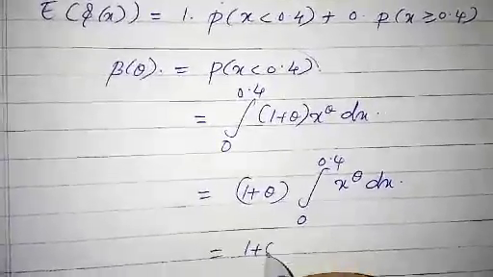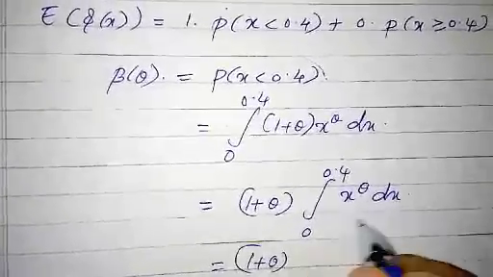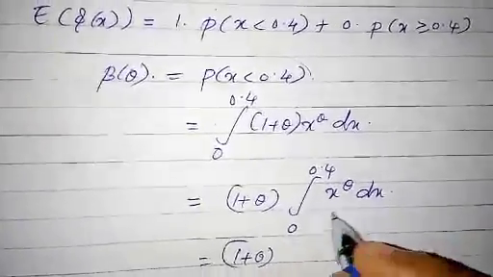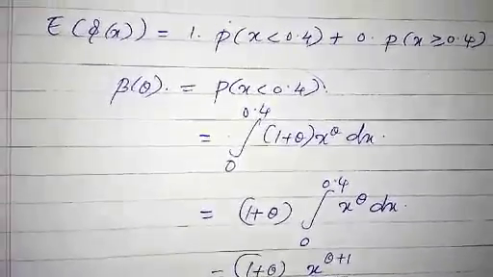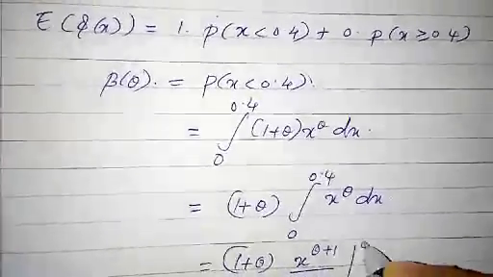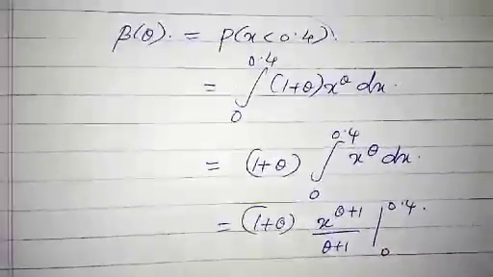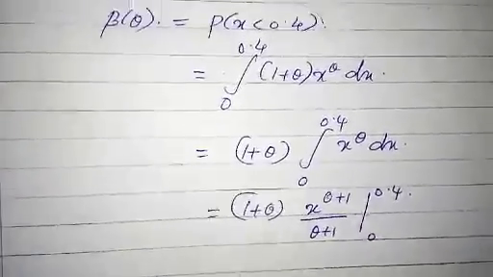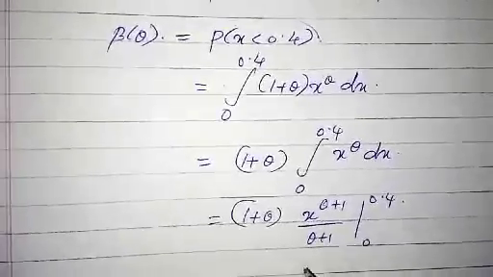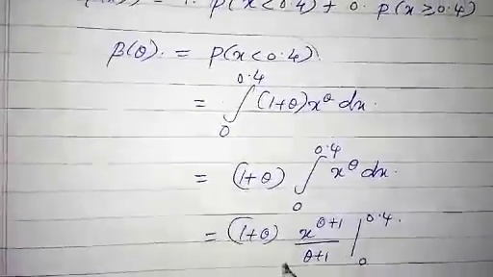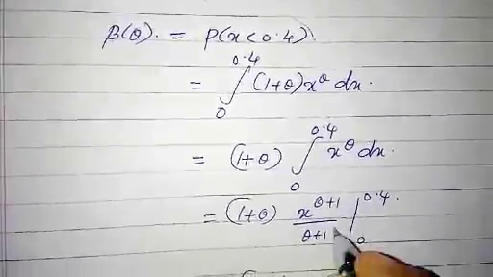Integrating, we get x to the power theta plus 1 divided by theta plus 1, from 0 to 0.4, times (1 plus theta).